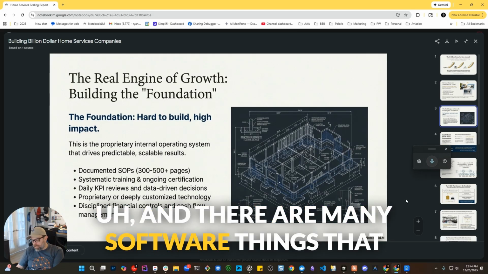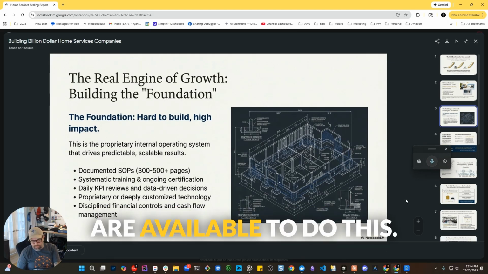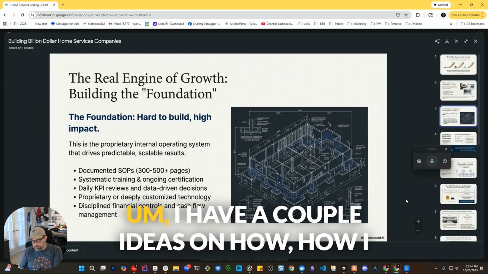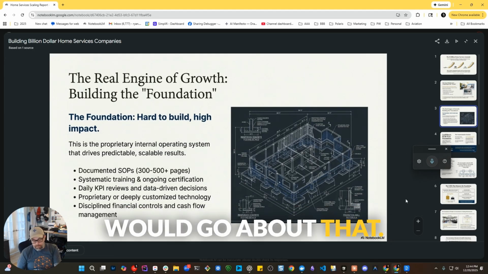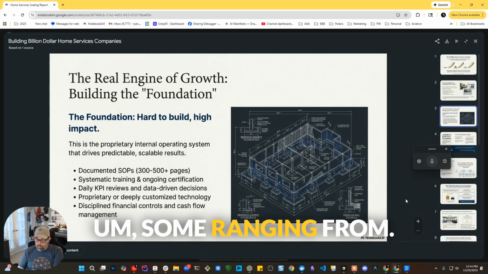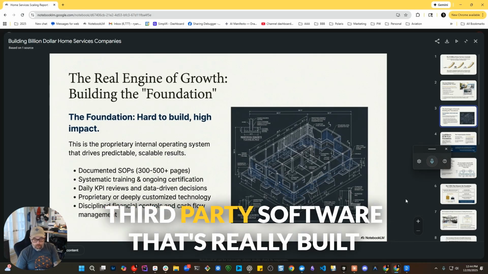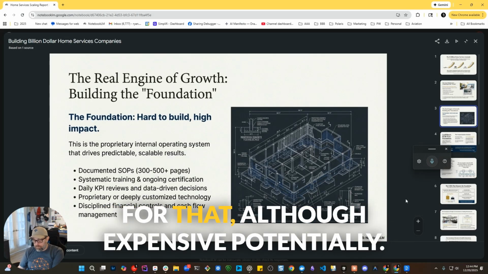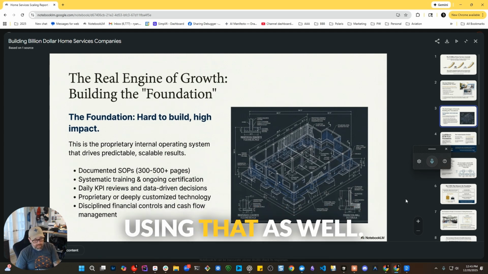And there are many software things that are available to do this. I have a couple ideas on how I would go about that. Some ranging from third-party software that's really built for that, although expensive, potentially, and there's some friction with using that as well.